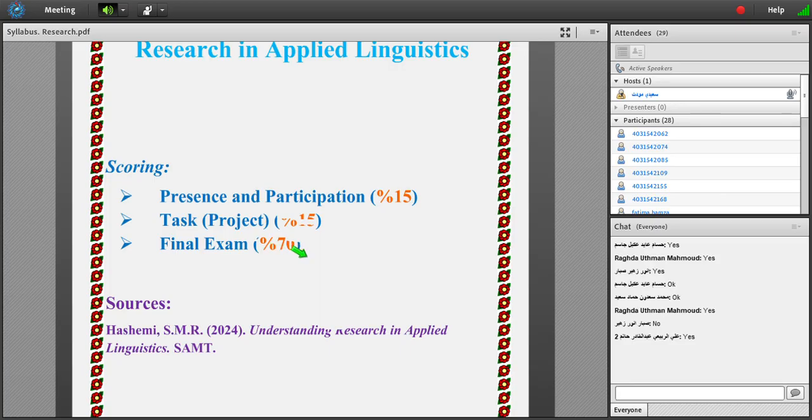So we will set the time for the midterm exam together because it is a very short semester. Maybe part of this score would be for the midterm exam, which is going to be held online. Generally that would lead to 100%, which is going to give us a score out of 20, which is the basis in our university.